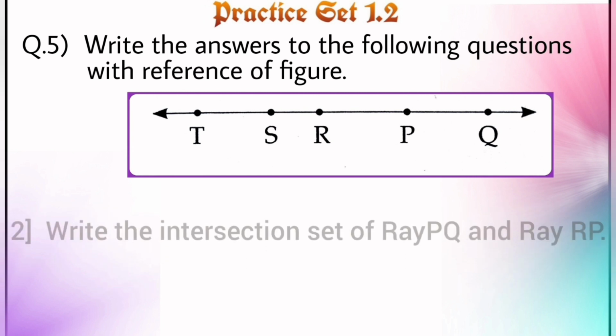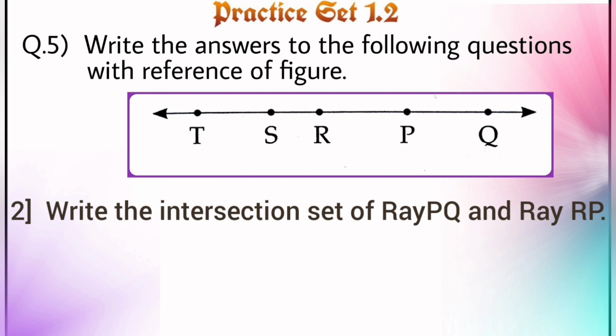Easy. Second one: write the intersection set of ray PQ and ray RP. Intersection means the common points between these sets, PQ and RP. We consider it as a set because we have to find the intersection set.